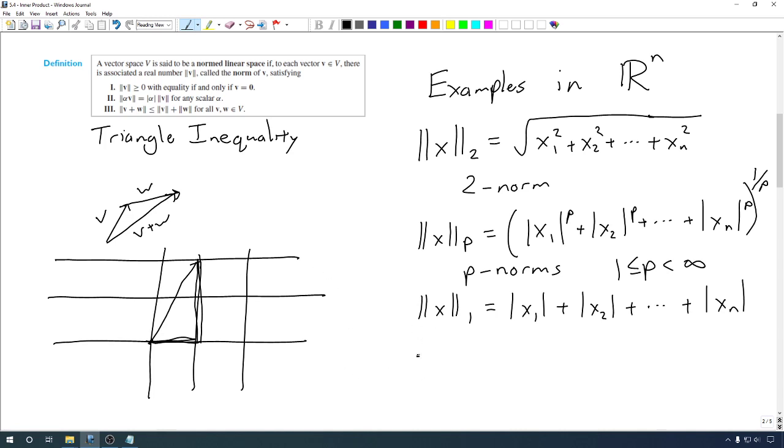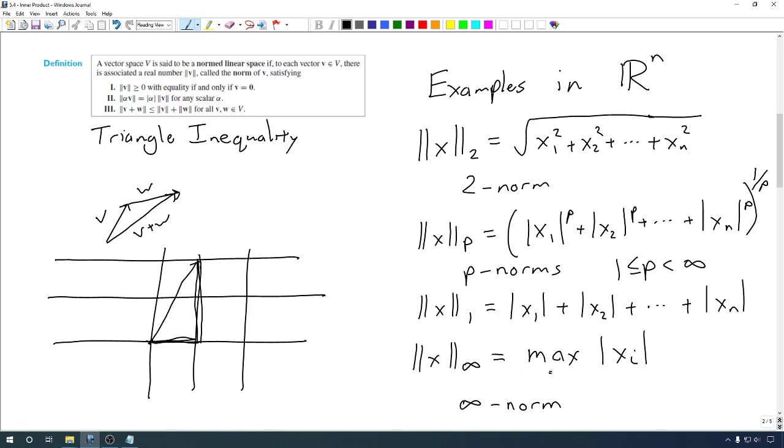Our last norm that we're going to look at on Rn, or the last norm that we're going to talk about for the moment, is called the infinity norm. We'll put norm with a little infinity down here. And this is equal to the maximum of the absolute values of all the x's.